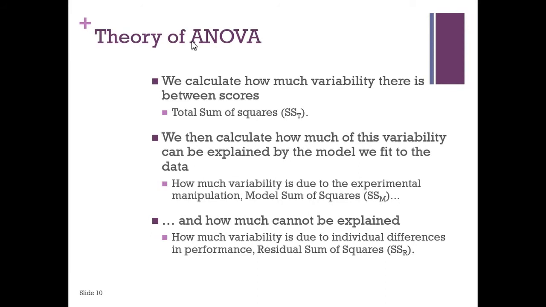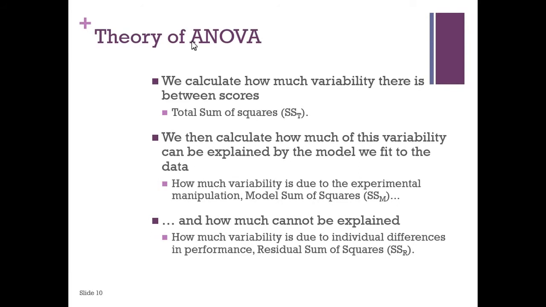So we're going to calculate total sum of squares, so how much variance overall is there in the study? That's literally the variance of the whole DV ignoring the IV. So how much variance is there to work with? It's kind of like counting how many cookies there are in the jar before we get started.